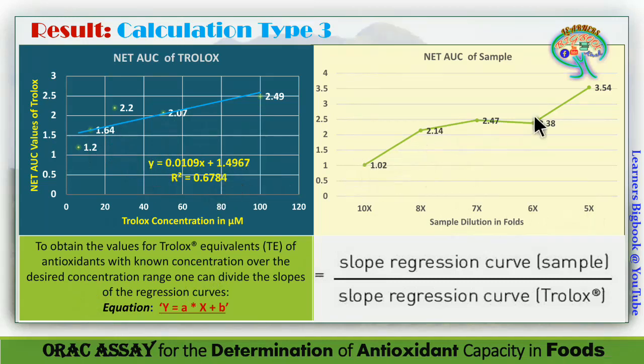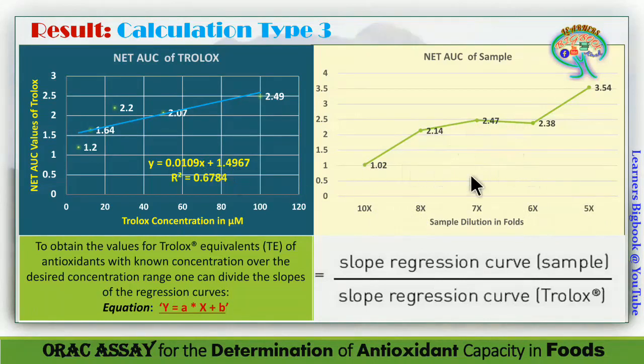Even on this net AUC sample you have to generate the regression line, but here I cannot do that because the values are alphanumeric. Because of this alphanumeric nature, we cannot generate the regression line and its equation. If I had only numeric concentrations, then I would have been able to generate the linear regression line and I would have got this equation even here.